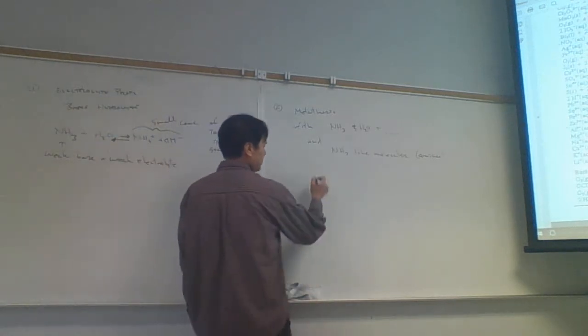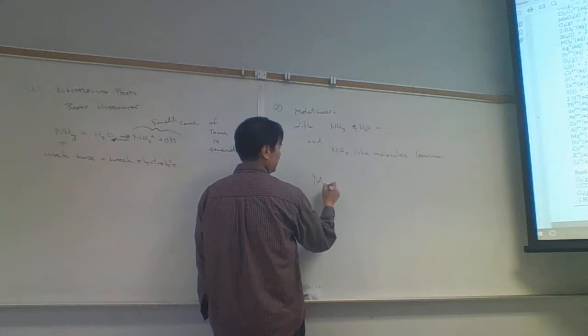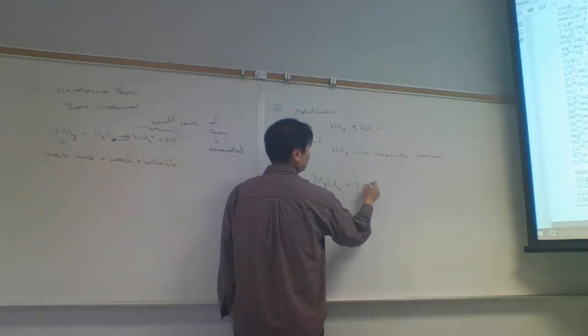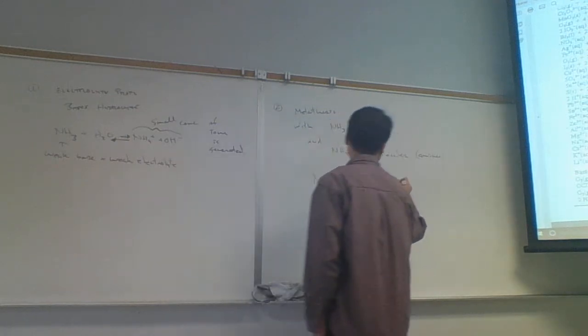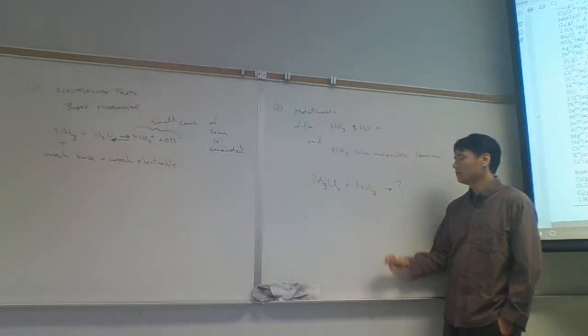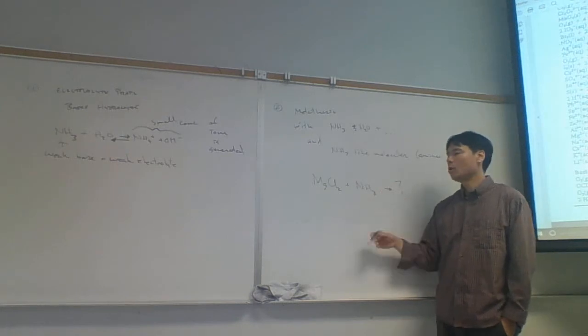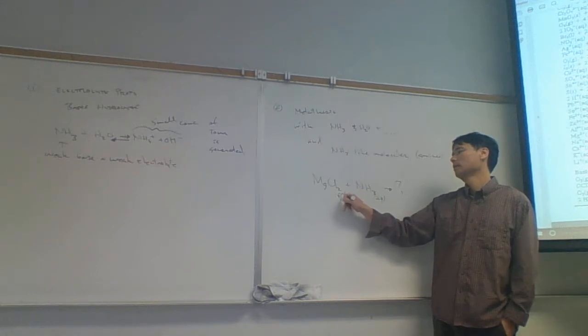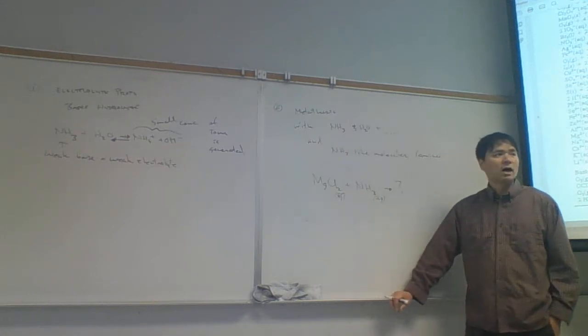So if we have something like this, for example, magnesium chloride plus ammonia equals blank. We have to be aware that ammonia in water will generate some ions.